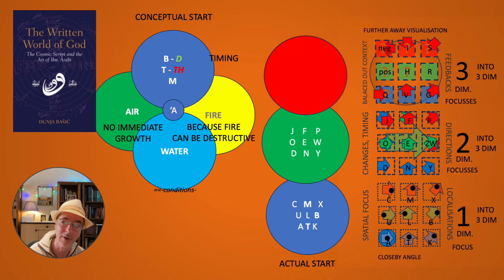The water also isn't there very much. So these conditions are sparse or rare. So there's no immediate growth, and also because at the other balance, fire and air, the element of fire can be very destructive.